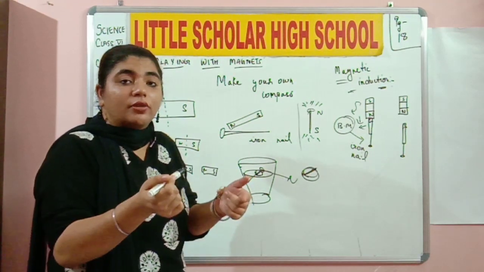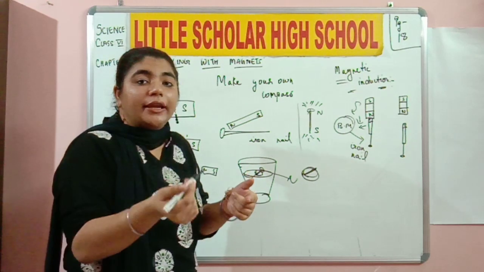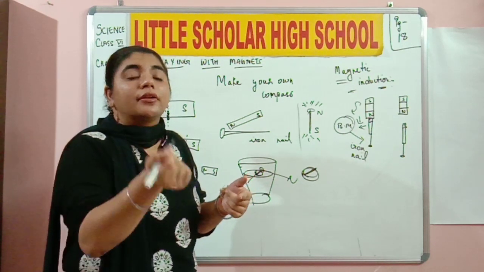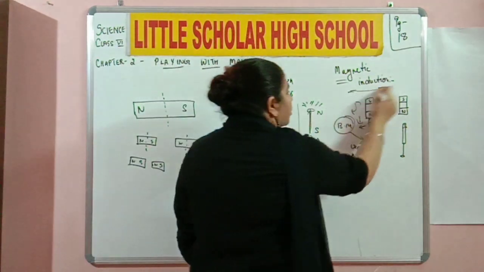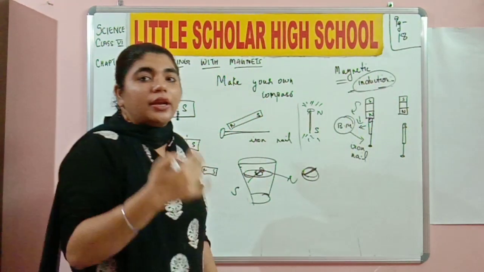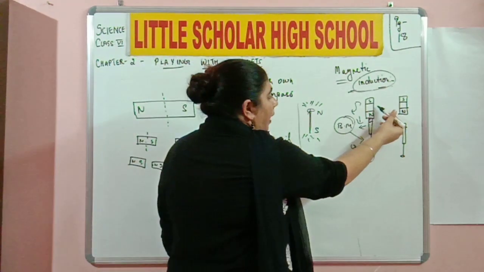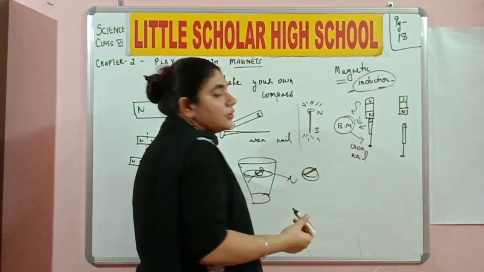Induction is nothing but inducing. This means enabling the magnetic property in the magnetic substances. What is the meaning of induction? This means inducing or enabling or transferring the properties from the bar magnet to a magnetic substance.